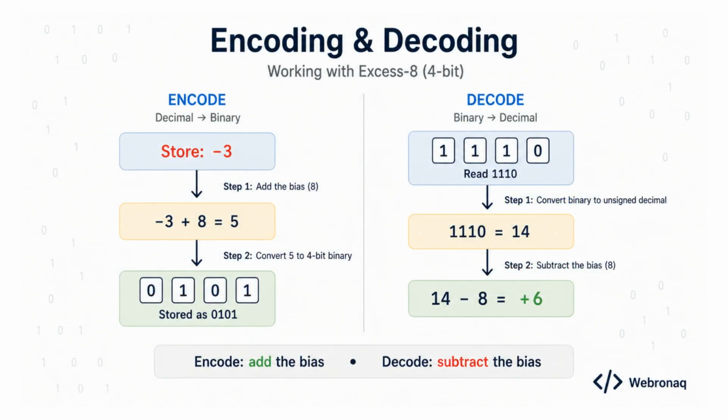All right, let's walk through this in both directions. Encoding first, then decoding. We'll stick with excess 8 to keep things simple. Look at the left side of the screen. We want to store the value -3. So how do we get its binary representation? Step 1, add the bias. The bias is 8, so -3 plus 8 gives us 5.